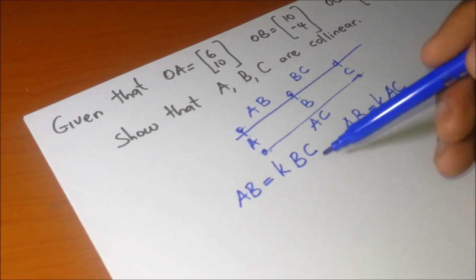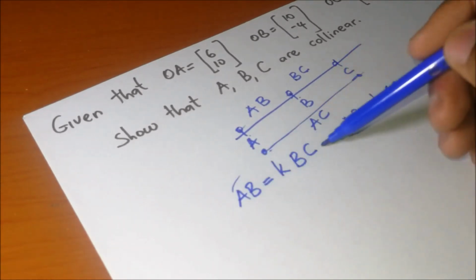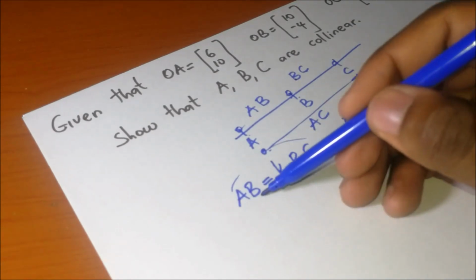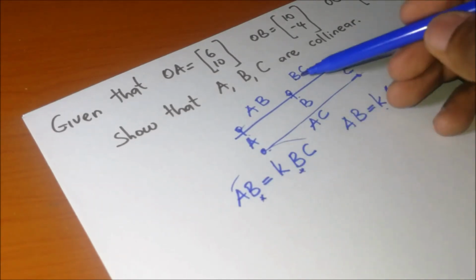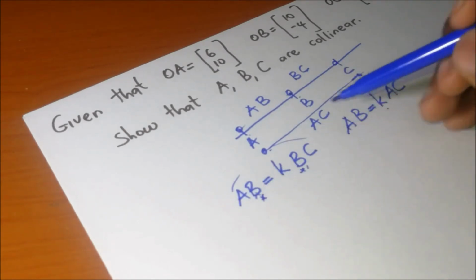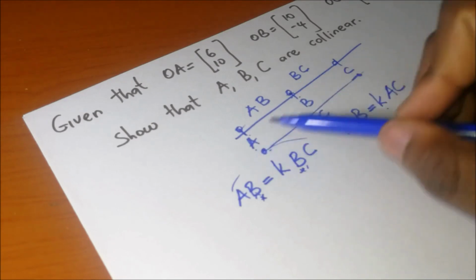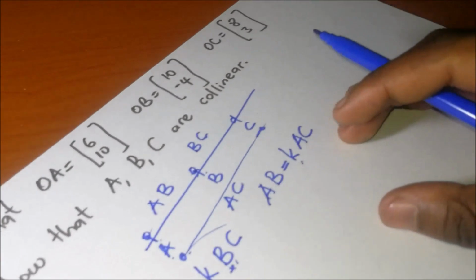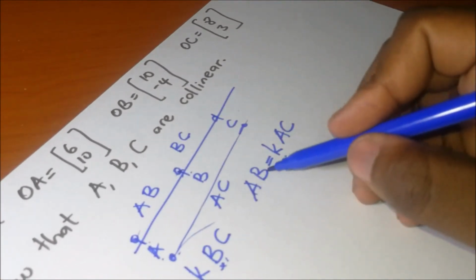In our previous session, we used this approach in our previous example. Now in this example, let's try to use this one, whereby we are not choosing the middle point as our common point. We are choosing AB and then AC with a constant k. We are supposed to arrive at the same thing. So we are first going to find AB, then we find AC.